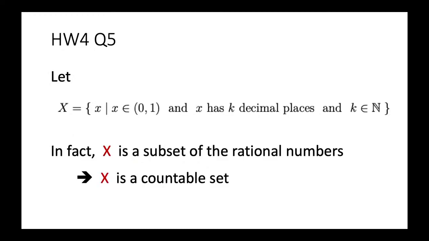Okay, question number 5. We are looking at a set X, where X contains the numbers of a specific form. First of all, X contains the real numbers between 0 and 1.